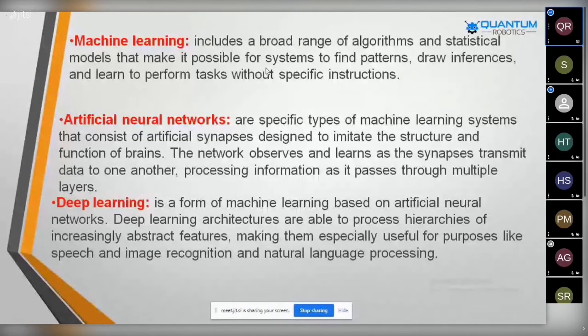For example, 10,000 times training and 30,000 times testing. After the training and the testing, the output comes out, and the system finds patterns, draws inferences and learns to perform the task with specific instructions, and how the particular pattern will be drawn.